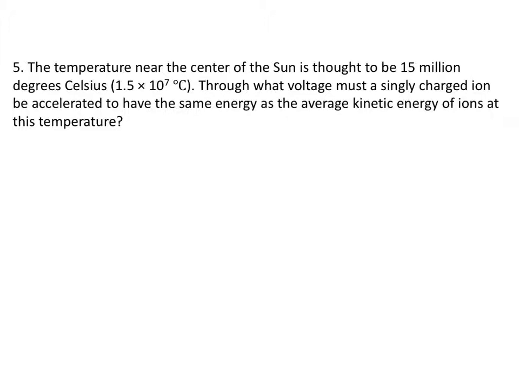And so we get weird things, and our theory is generally correct, but it has anomalies that we often don't expect. But anyways, the surface is hotter than the middle, weird stuff like that. Temperature near the center is 15 million degrees Celsius. Through what voltage must a singly charged ion be accelerated to have the same energy as the average kinetic energy of ions at that temperature?